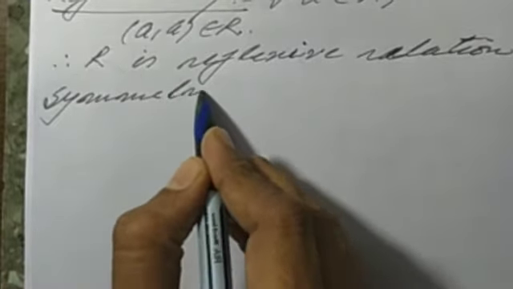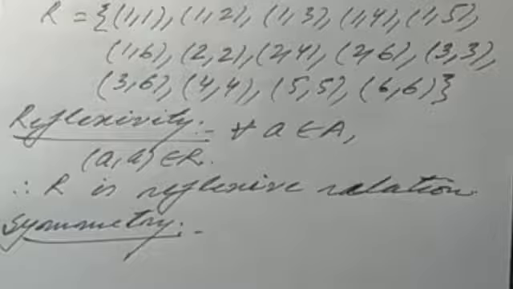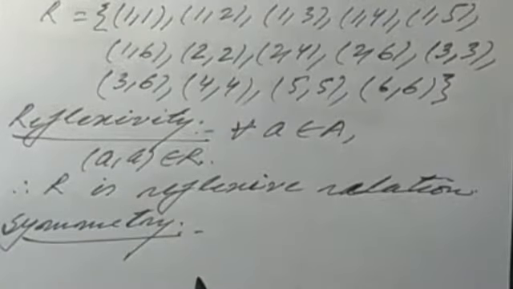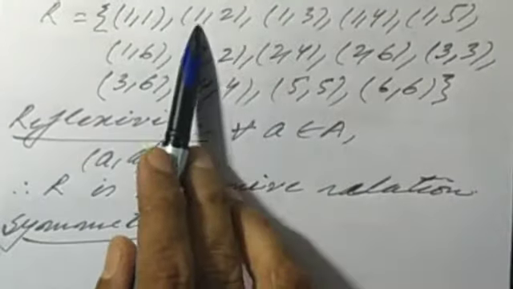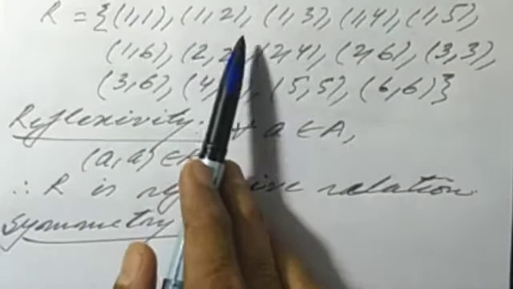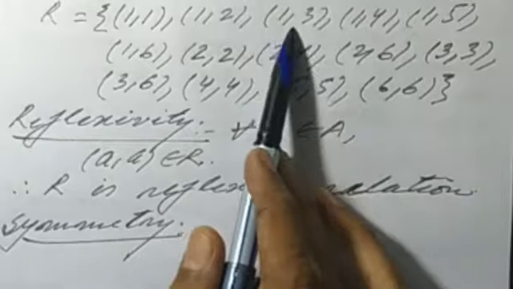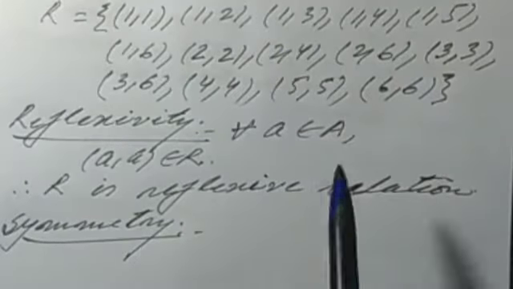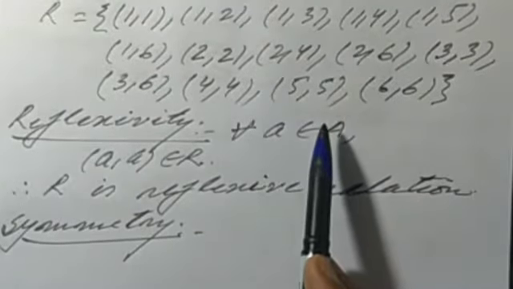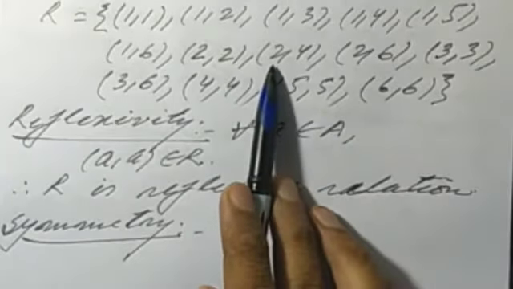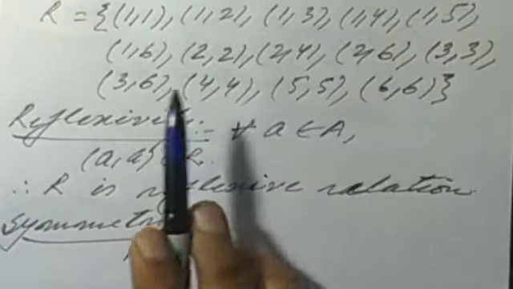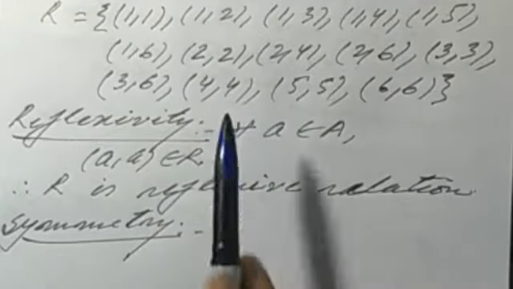Now let us talk about symmetry. For symmetry, the reverse of every ordered pair must be contained by the relation. So if we observe, (1, 2) is there, but (2, 1) is not there. (1, 3) is there, but (3, 1) is not there. There are so many ordered pairs, (2, 4), (2, 6), (3, 6), whose reverse are not contained by the relation.